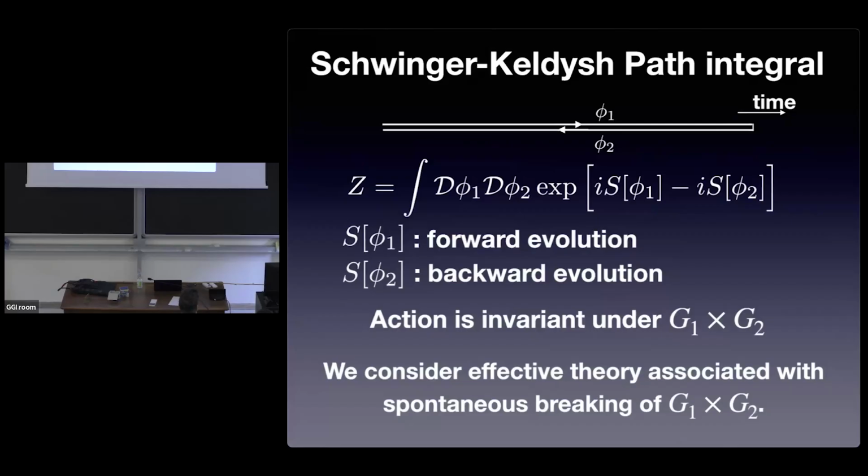We want to consider the effective theory associated with the spontaneous breaking of these. Thermodynamics corresponds to this kind of symmetry breaking phenomenon. In this case, the double symmetry is clear in this formulation.